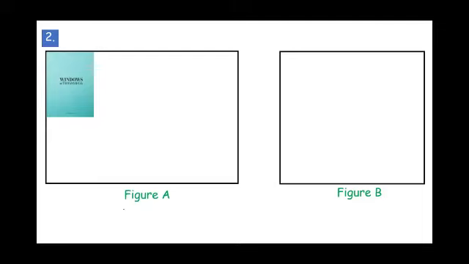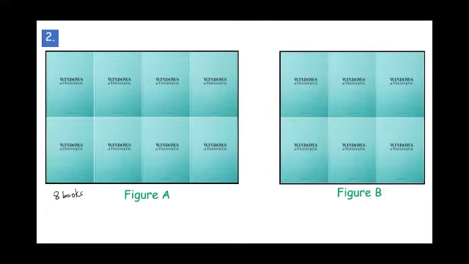So that is 1, 2, 3, 4, 5, 6, 7, 8. So you can see that here we are having 8 books. 8 books have covered figure A. And for figure B, that's 1, 2, 3, 4, 5, 6. So here we are having 6 books covering up the whole of figure B. You understand that?